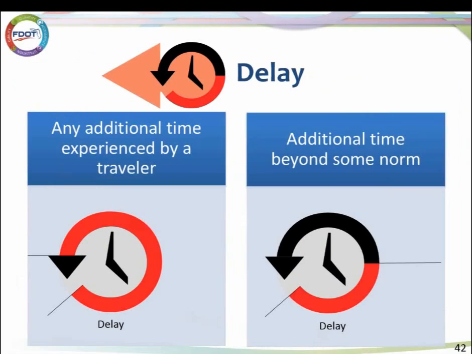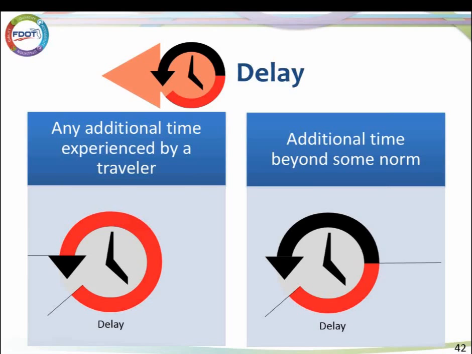There are two main questions: where do we start quantifying delay? Is it any additional travel time experienced by a traveler, or does it become delay at some lower level?